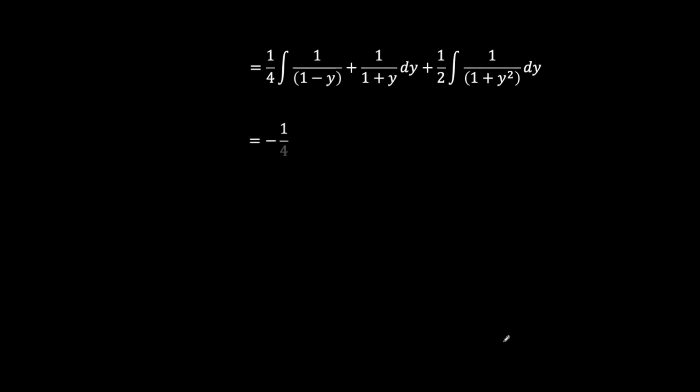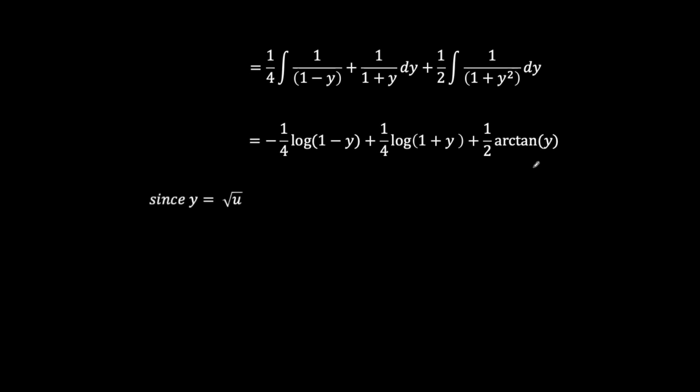So quick thing, this is the same as negative a quarter natural logarithm of 1 minus y, the integral of 1 over 1 minus y. And then this is the same as a quarter natural logarithm of 1 plus y. And then this is a very famous integral, which is now half times the arctangent of y. Now, since y is equal to square root of u, we just plug in the square root of u there.